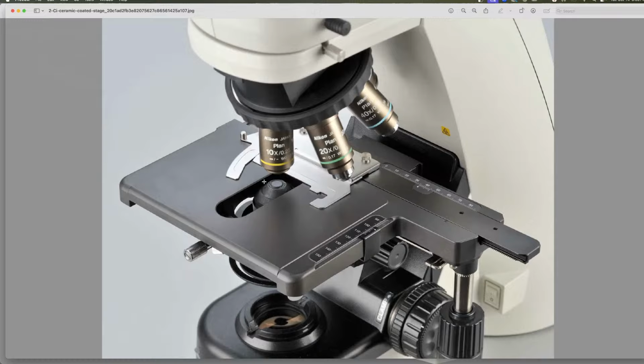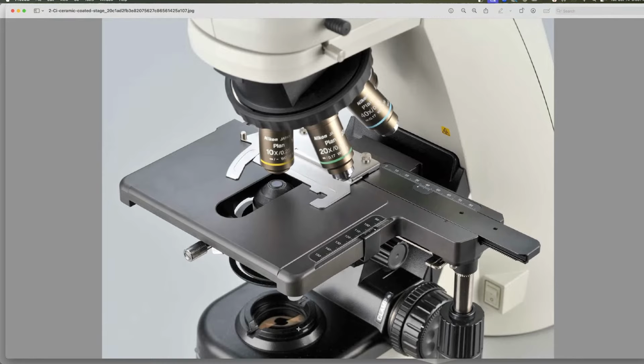The condenser also can be moved up and down, and needs to be moved up and down to set up the illumination in a microscope like this. But it is not generally moved up and down during observation or photography. It's moved up and down to set the microscope up for each different objective that you're using. So they are not simple devices, but they are very, very precise and beautifully engineered.